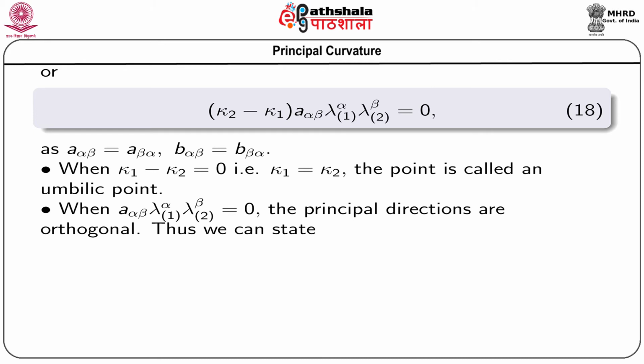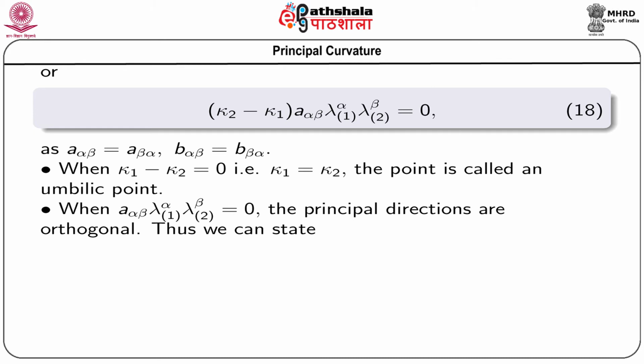So, if the principal curvatures are same for both the principal directions, then the point is called an umbilic point, and when a alpha beta lambda 1 alpha lambda 2 beta equals to 0, the principal directions are orthogonal.